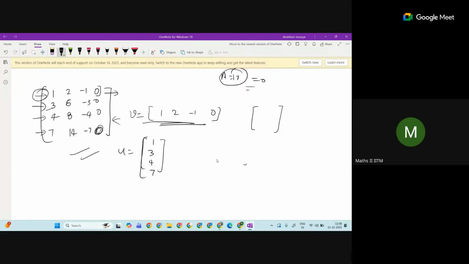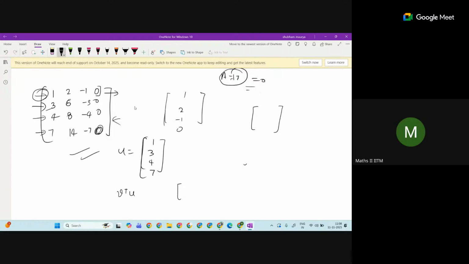And this way you no longer need to do A minus lambda I. The eigenvalue is going to be V transpose U. Here I wrote V horizontally, but it should actually be vertical.